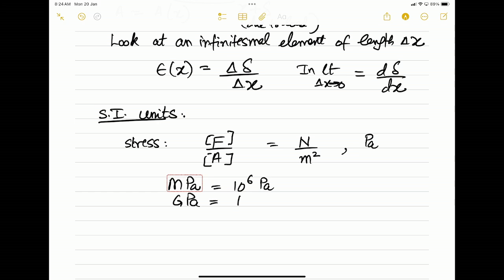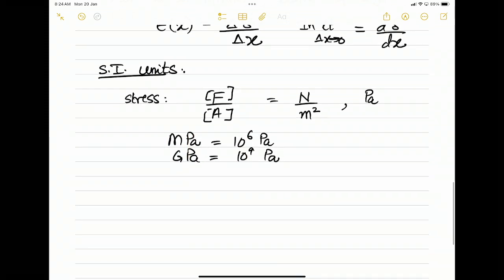We also have gigapascal, which is 10 to the power of 9 Pascal. So these would be the units of stress. What will be the unit of strain? Strain is dimensionless.